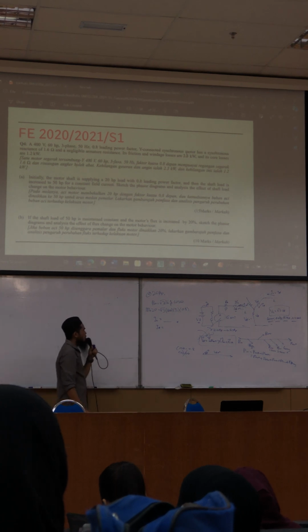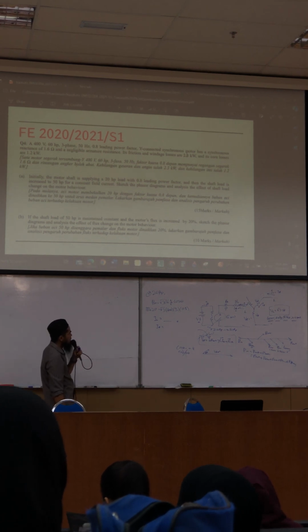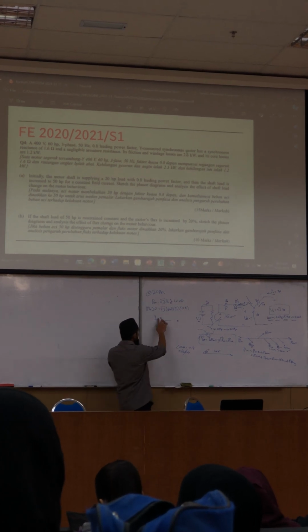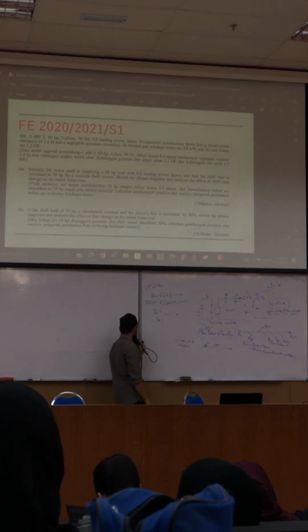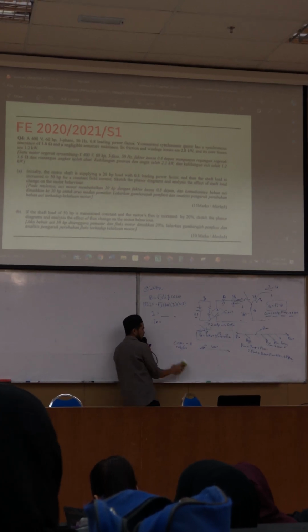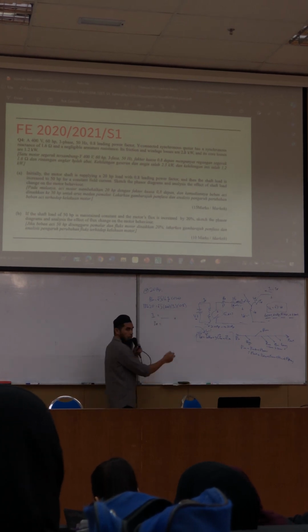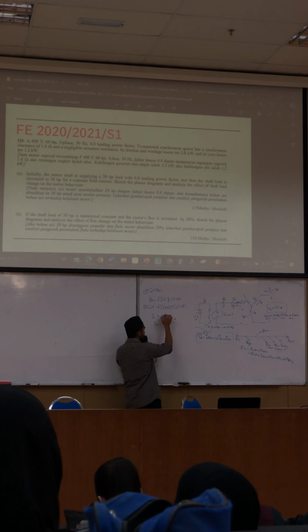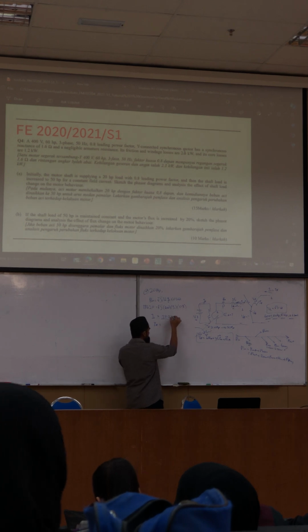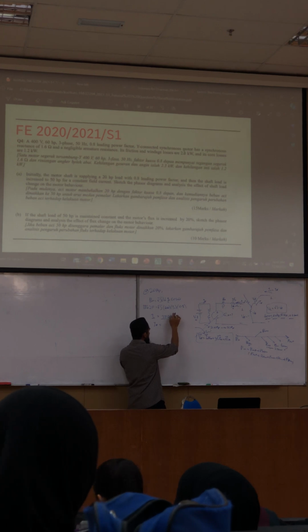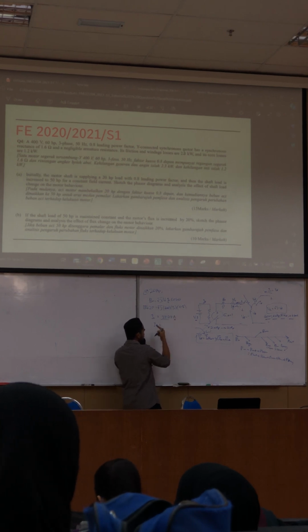So your I line is now how much? 18420 divided by root 3 divided by 400 divided by 0.8 becomes how much, Alain? Berapa? 33.23 ampere. Okay, dalam phasor you have to write in angle.